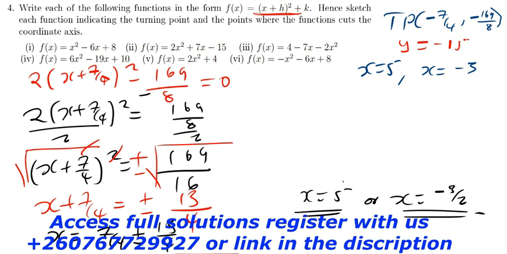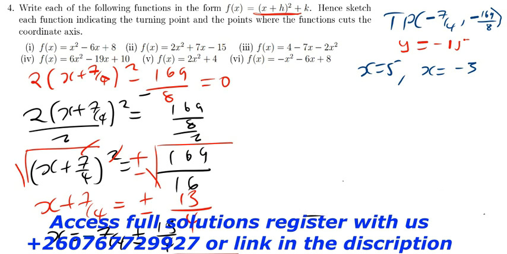This was plus. If it goes this side, it's going to be minus. So meaning that these values are wrong. What does it mean? It means that x is equal to negative 7 over 4 plus 13 over 4, or negative 7 over 4 minus 13 over 4. Yes, now it's making sense.